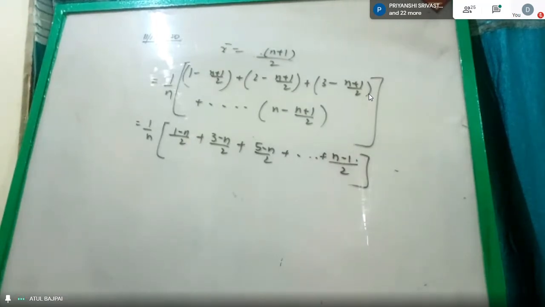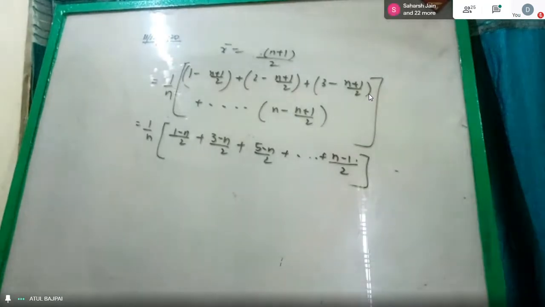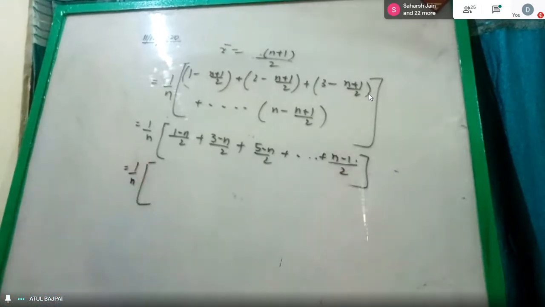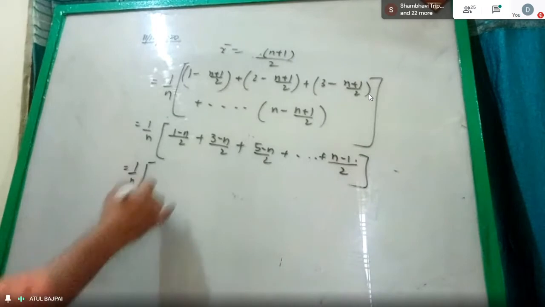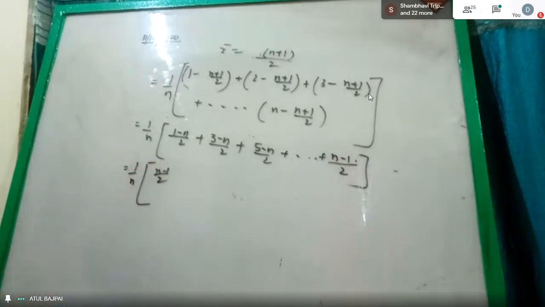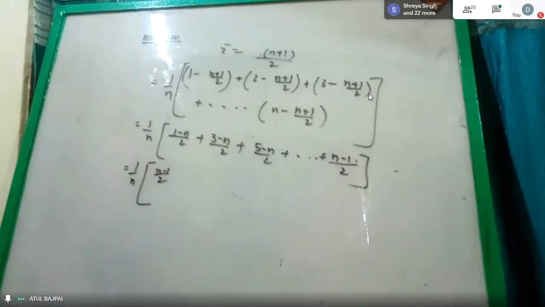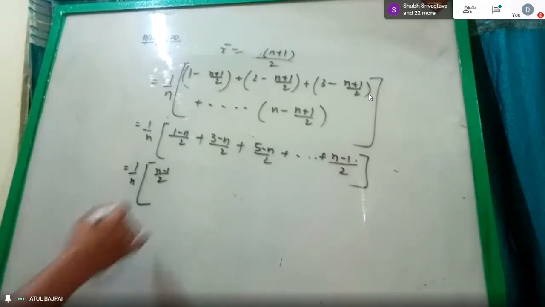Try what you get. Please simplify. 1 by n is already out. How many terms are there? n minus 1 upon 2. n by 2, by 2 means upon 1 by 2. Yes or no?